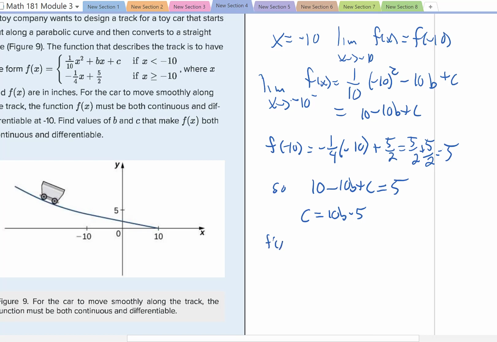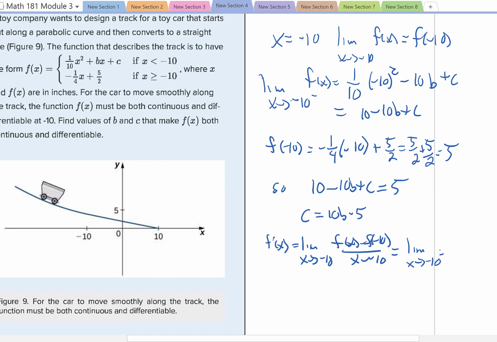Our f prime of x equals the limit as x goes to -10 of f of x minus f of -10 over x minus -10. What I'm doing here is trying to find what the slope would be at that particular point, so I can use this version. And that's going to be, excuse me, the limit as x approaches -10 from the left.